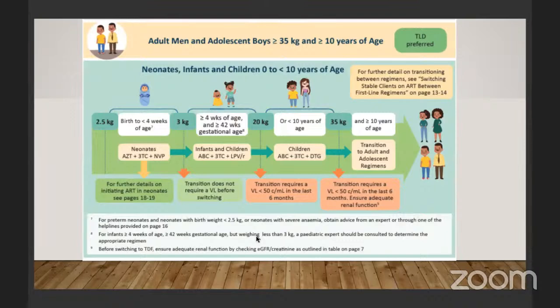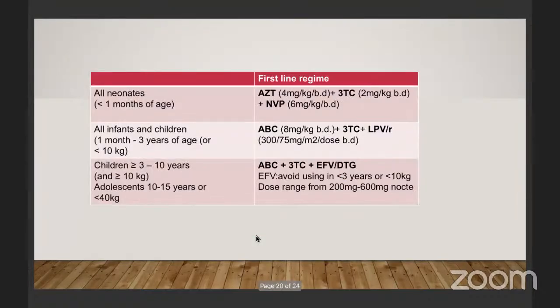And in children, we'll use abacavir, 3TC, and dolutegravir. And then from more than 10 years of age, we'll start then transitioning the patients to adult and adolescent regimens. So these are just the dosages that we would give out for the relevant age groups and weights.